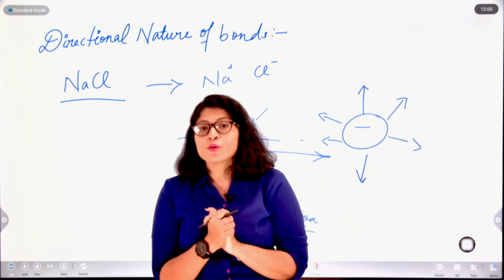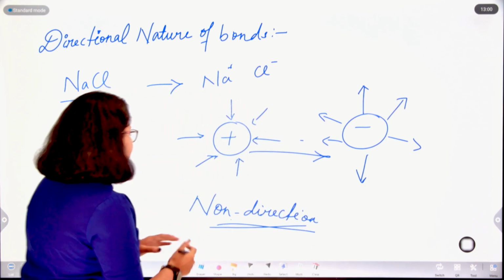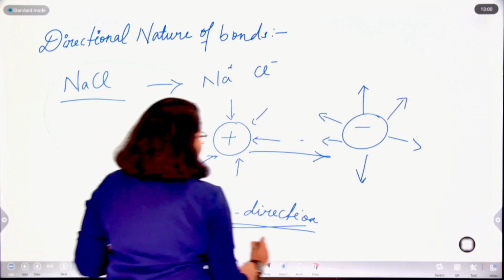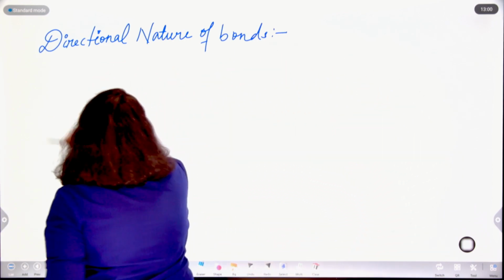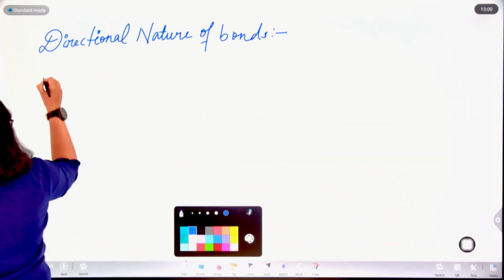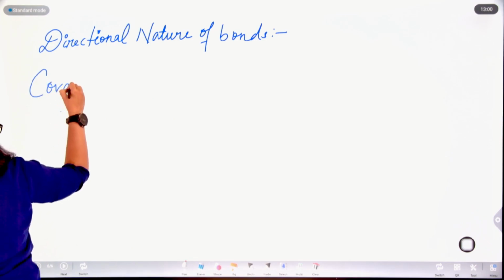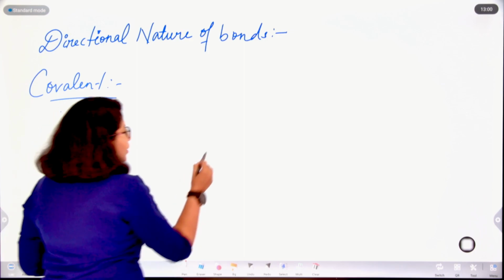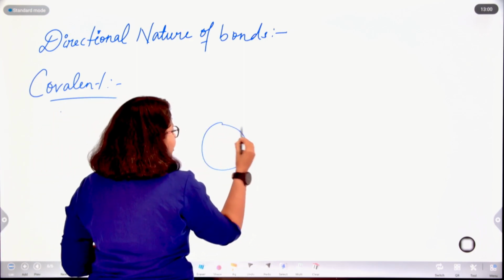But in case of covalent bond, what happens? How is this bond formed? By mutual sharing.